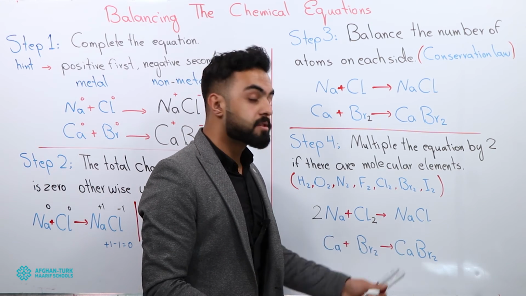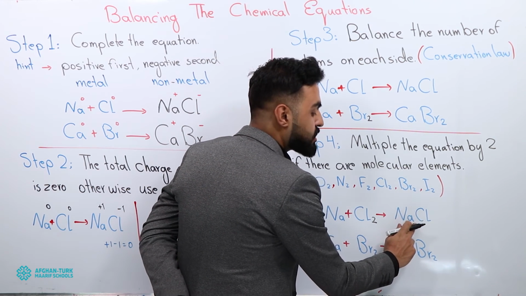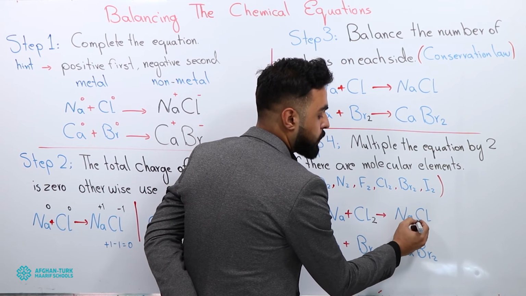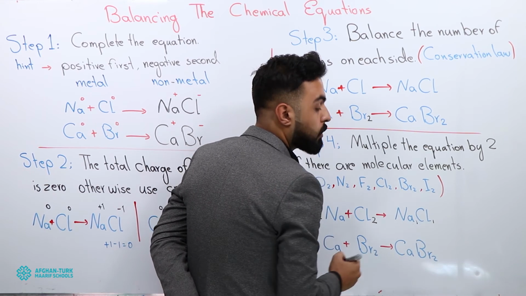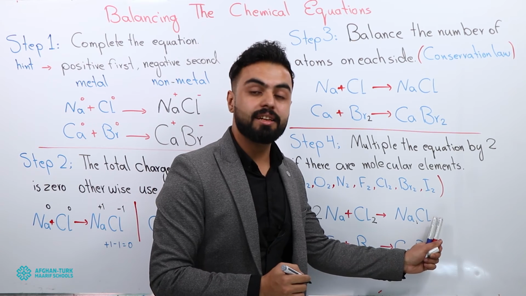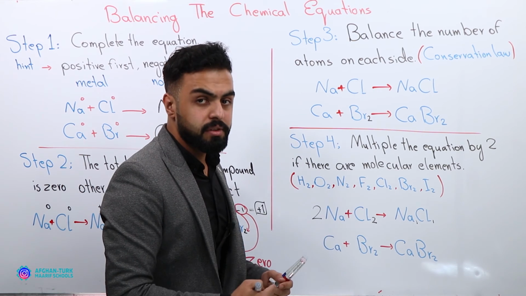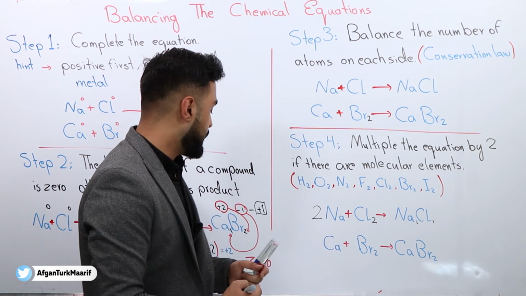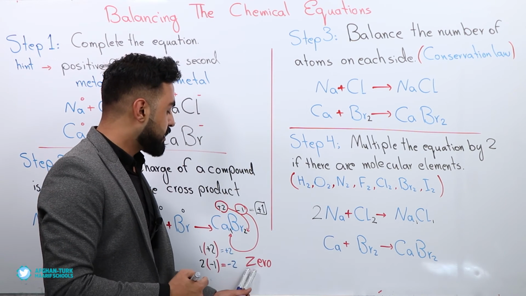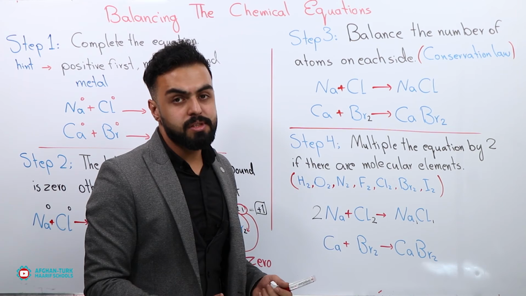And here, so important, listen, you cannot change the subscripts, which here are 1 and 1. You cannot change the numbers on the right side of the elements, because when you change the number on the right side of the element, you will actually change the charge of a compound, and then it will not become zero.